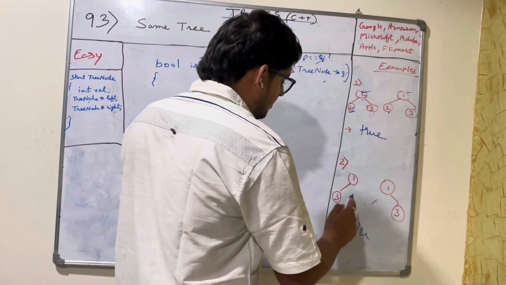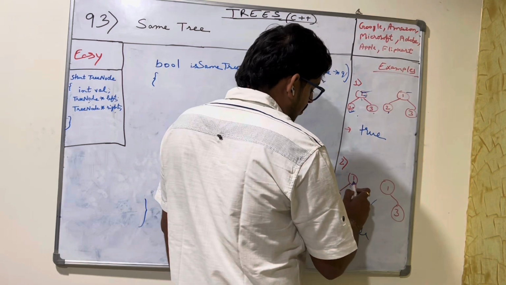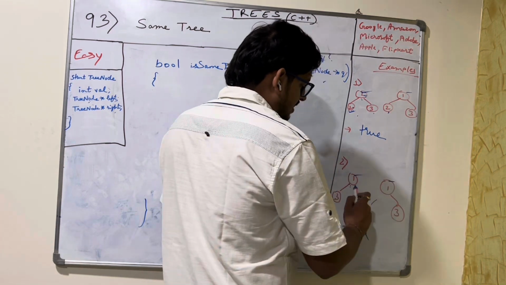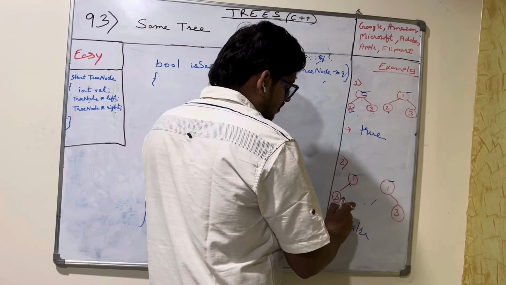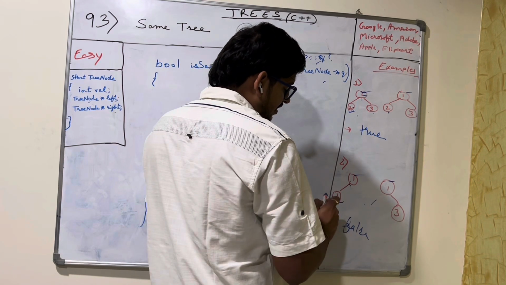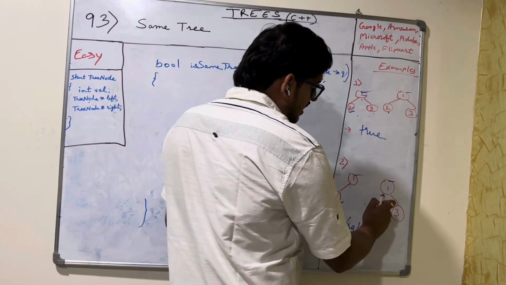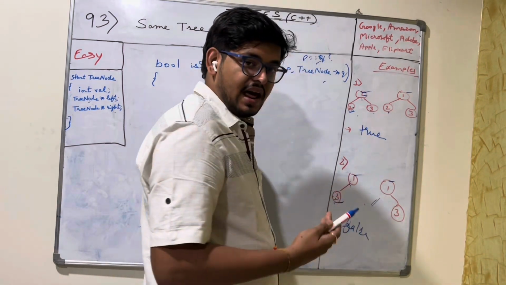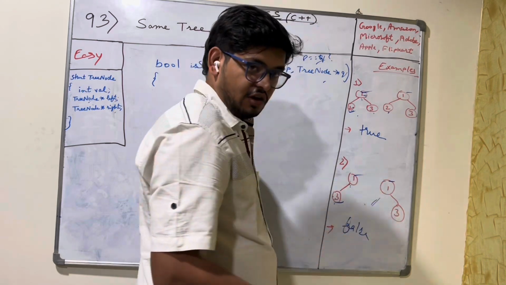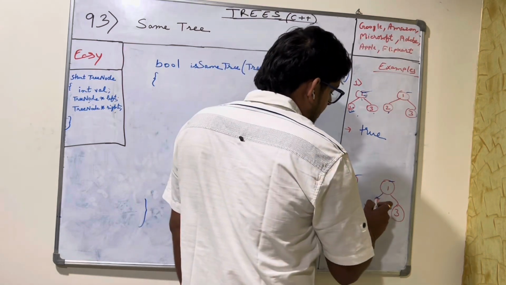For example, here we see the values are same in the beginning, then we go to its left and then we go to its left. We see that firstly this value exists, but here this is null. Since it is null, at that point directly we can return false. Suppose it was not null and it was 3 here.